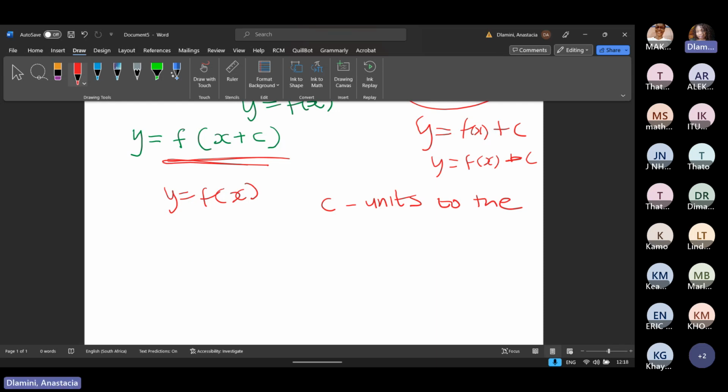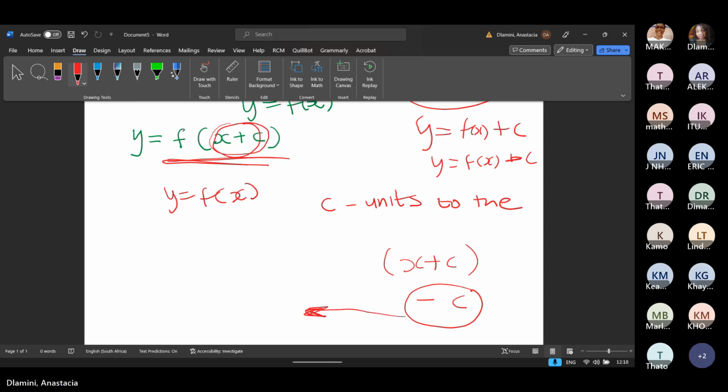Now, please do not confuse. Remember, guys, when we had this part here in a parabola, inside the bracket? Yes, ma'am. Was our c positive or negative? Negative. It was negative. Do you see that c becomes negative? It means that you're going to shift your graph to the left.